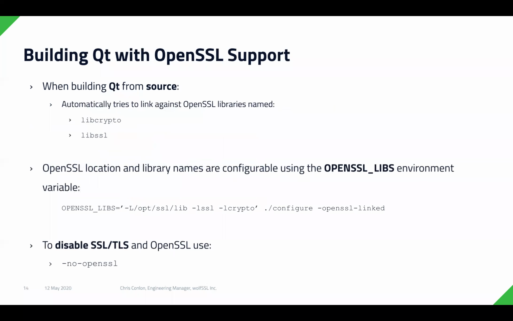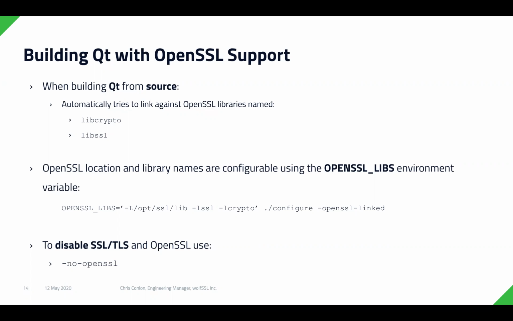And when you're building Qt from source, it tries to automatically link against those OpenSSL libraries, and their names are libcrypto and libssl. OpenSSL has two libraries for their SSL TLS crypto support, whereas wolfSSL will only just have one library called libwolfssl. The location of the OpenSSL libraries is configurable using the OPENSSL_LIBS environment variable.